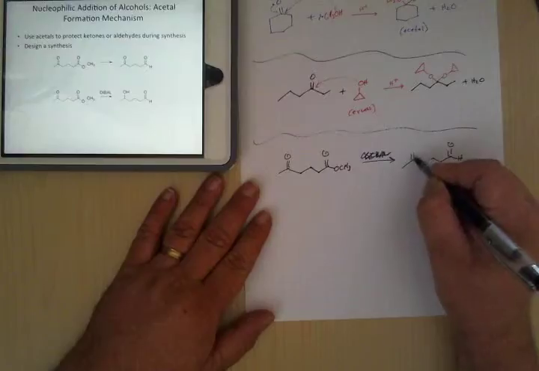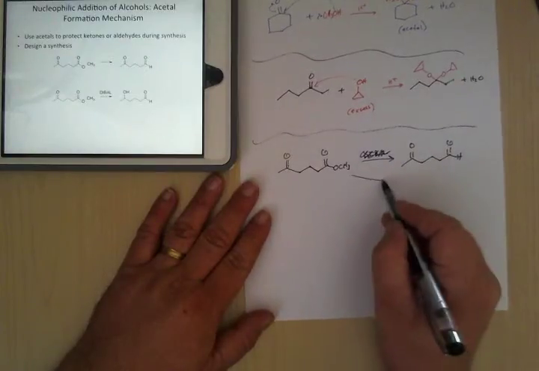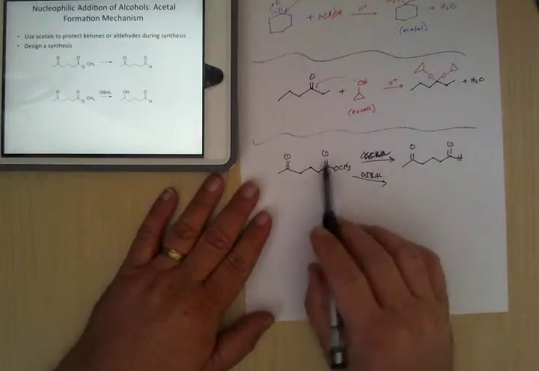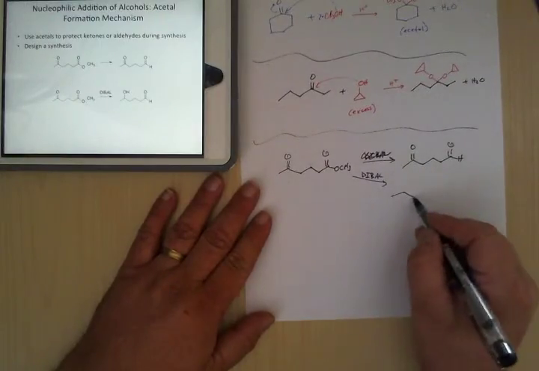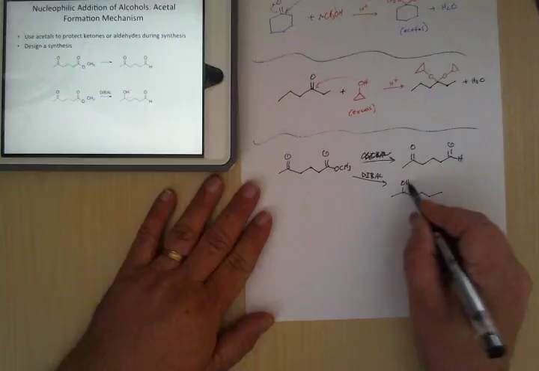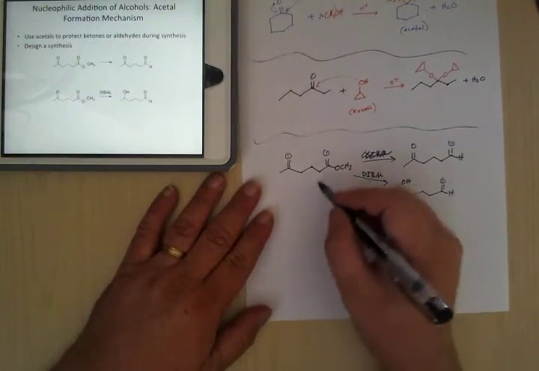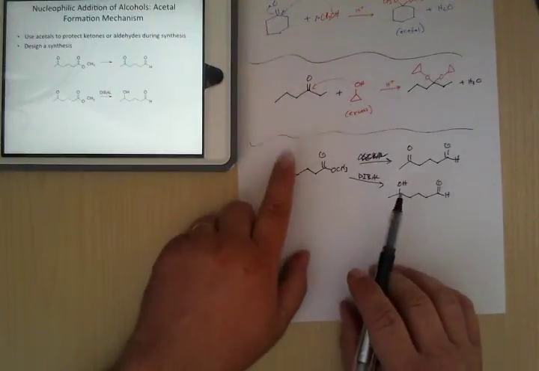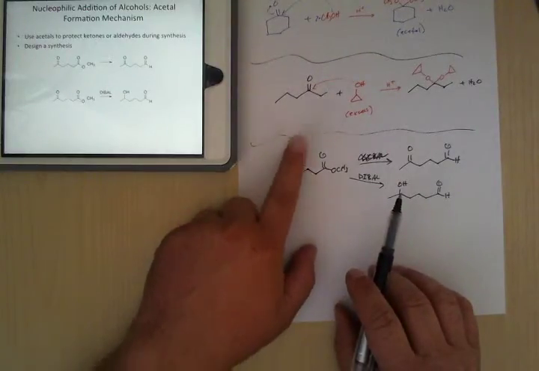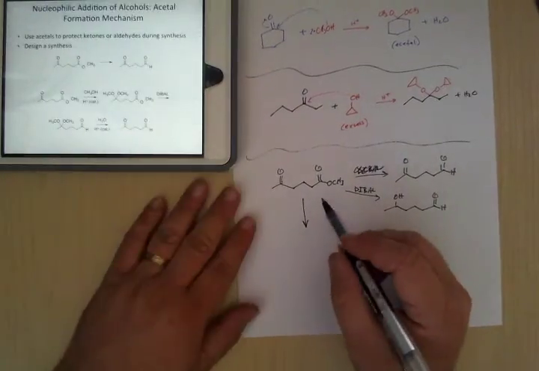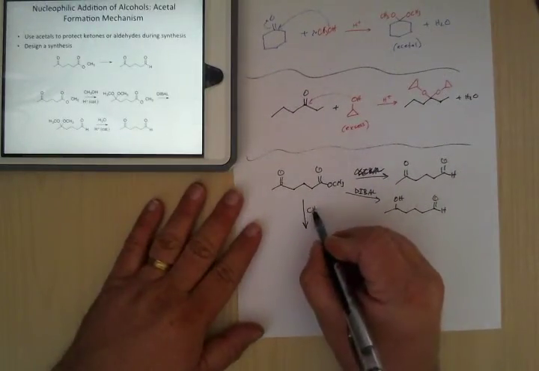It's going to be difficult to do directly, because if you hit it with DIBAL, you're going to reduce both of these: this to OH and this to aldehyde. So we want to keep this alone, and what you have to do is protect it as an acetal.